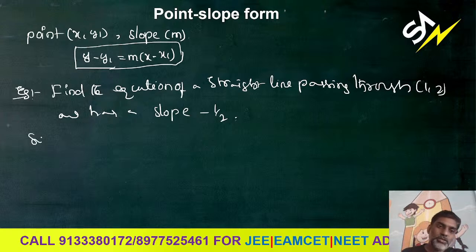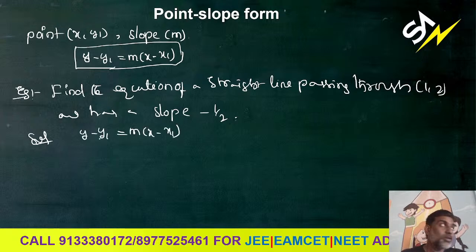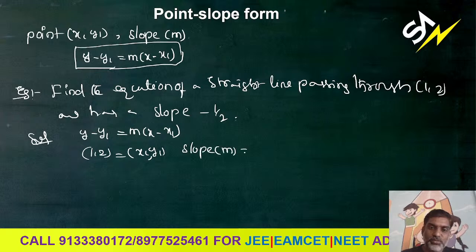So what is the solution for this question? Just now we have written the formula y minus y1 equals m times x minus x1. The given point is 1 comma 2. Let us consider this point as x1 comma y1. The slope m is equals to minus 1 by 2.